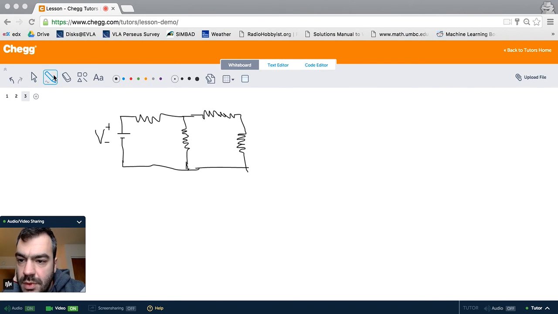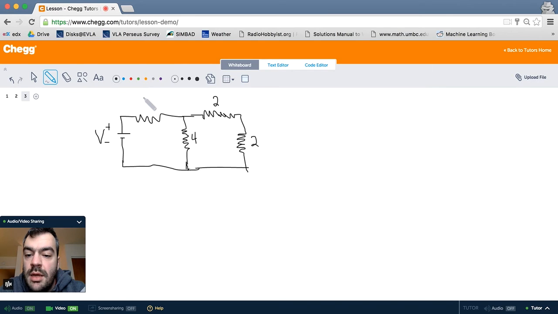So, just for sake of concreteness, let's go ahead and assign these values. Let's say that we have a 2 ohm resistor here. Note that I said ohm, not kilo ohm. A 2 ohm resistor there. A 4 ohm resistor here.